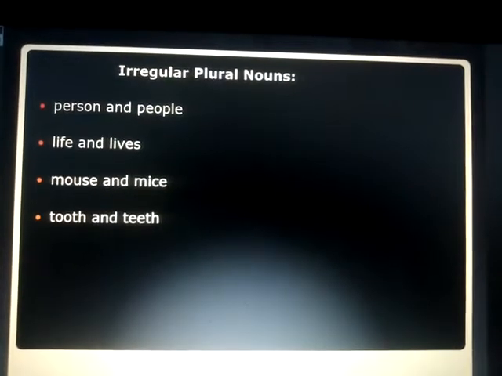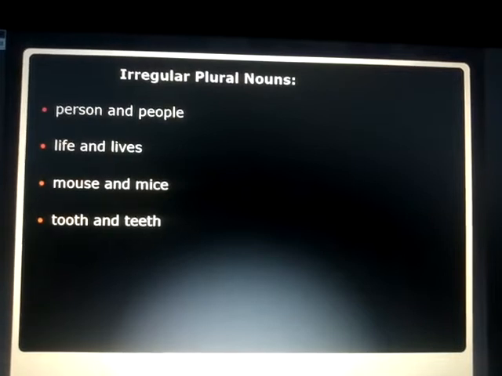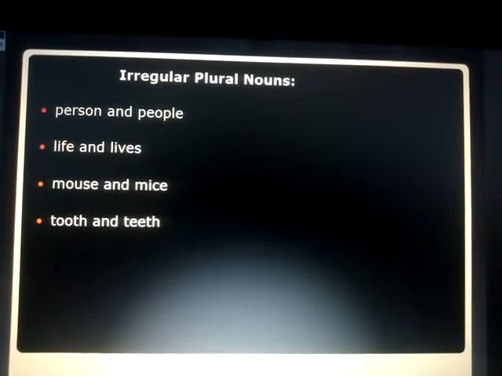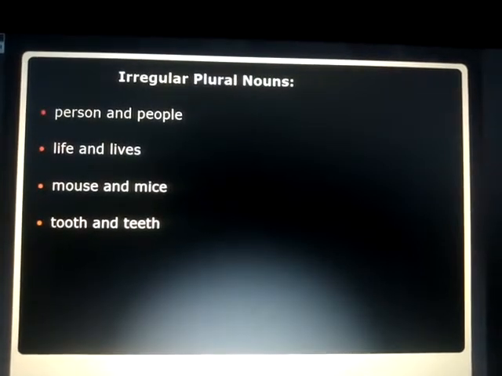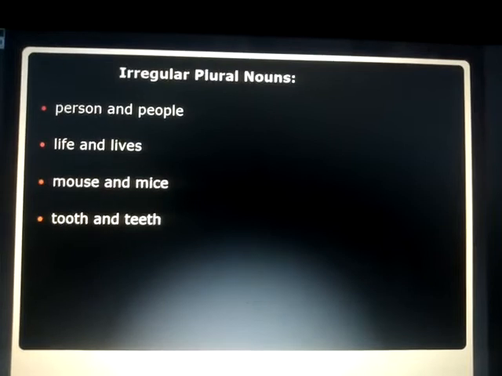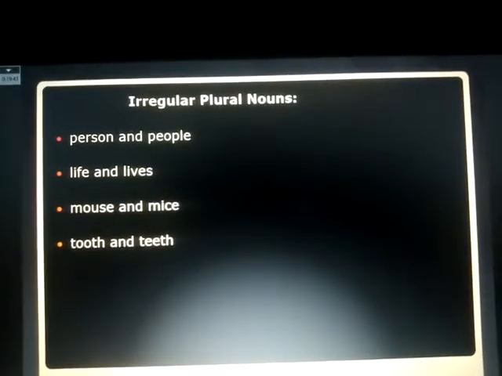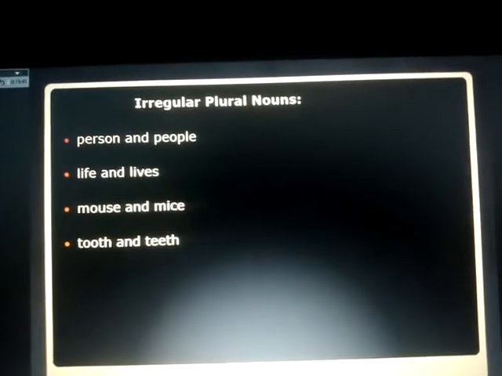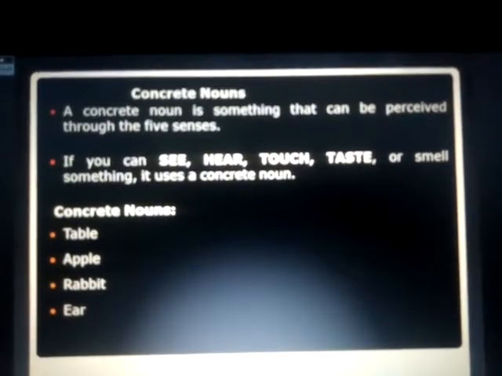People. Life, single life, changes to lives. The FE was removed and replaced with VES. Mouse totally changed to mice. Tooth changed to what? Teeth. So that is how irregular plurals are. Then concrete nouns.